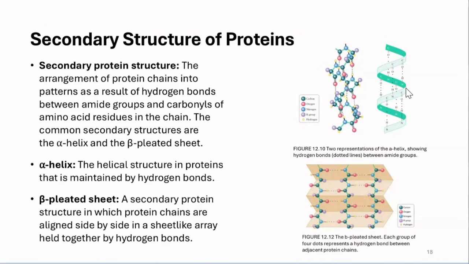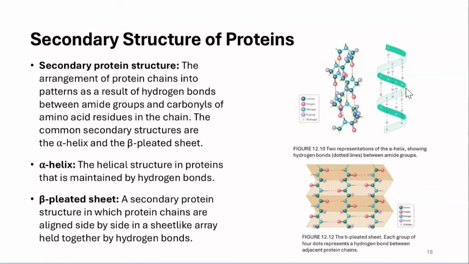So you can think about it like a winding staircase in which this ribbon that is going around is basically the backbone of the protein. In the case of a beta pleated sheet, this secondary protein structure happens because you have protein chains that are aligned side by side in a sheet-like array.